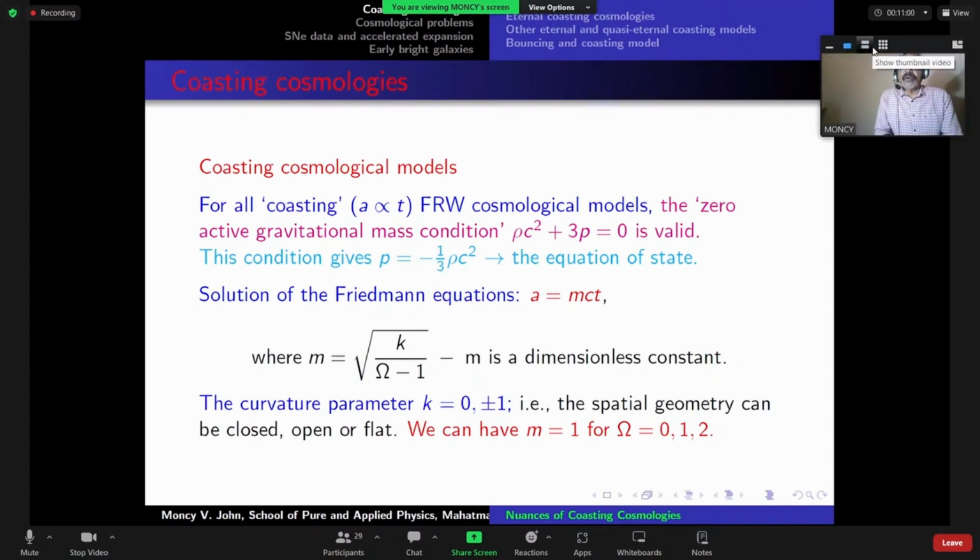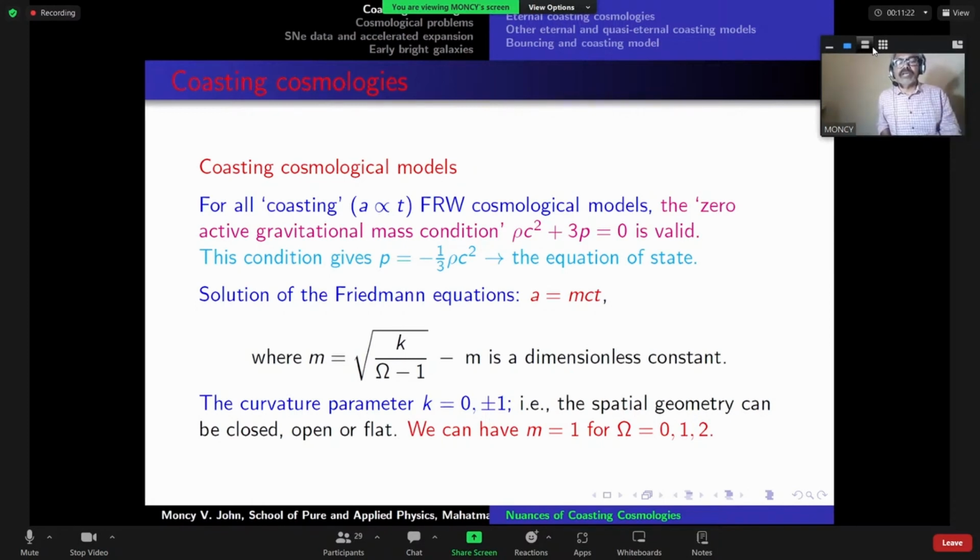We can take all three curvature parameter values, k equal to 0 or plus or minus 1. The spatial geometry can be closed, open, or flat in this case. Regarding the value of m, it is equal to 1 when omega equal to 0, and in that case we have to take k equal to -1.